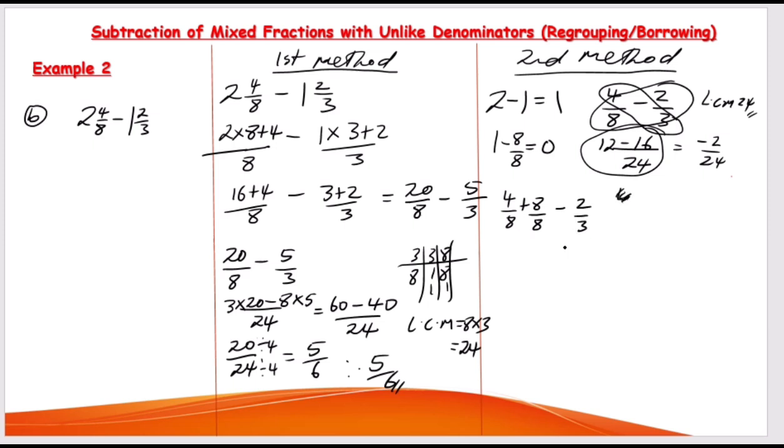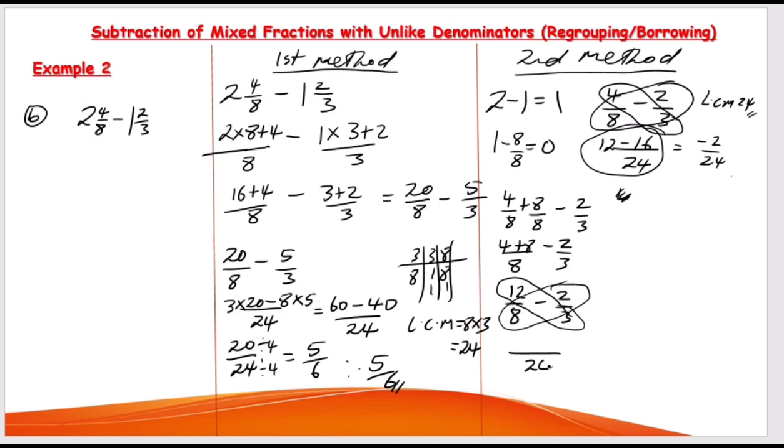Now, for this fraction here, we're having addition of fractions with like denominator. Since they're having like denominator, we're just going to add up directly. So this will give me 12 over 8 minus 2 over 3. Now in this case, I can multiply diagonally using my butterfly method.